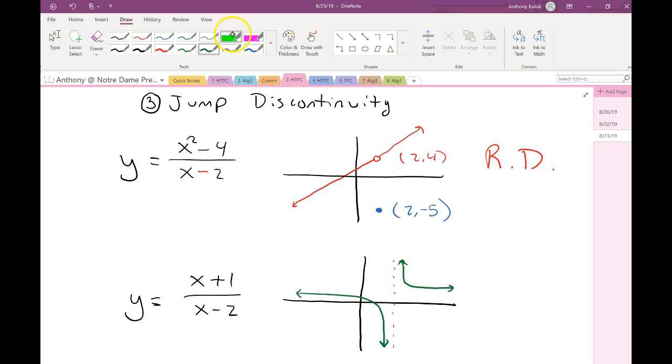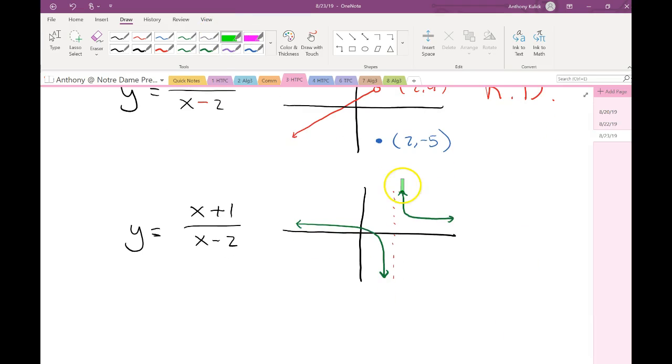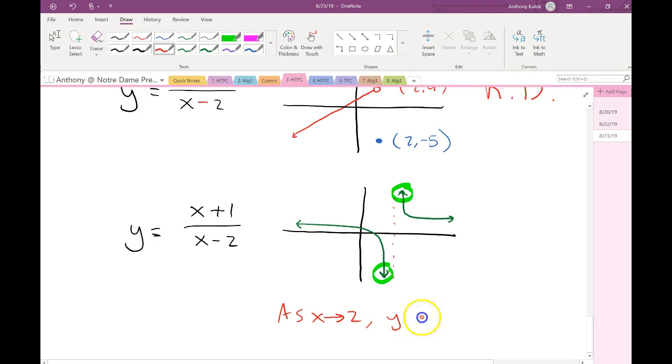The vertical asymptote there we call an infinite discontinuity, because if we look at the end behavior as x approaches, in this case, positive 2, we have y approaching either positive or negative infinity. If we go from the left, y approaches negative infinity. We ride in this direction, it goes to negative infinity. Or if we approach from the right, it goes to positive infinity.